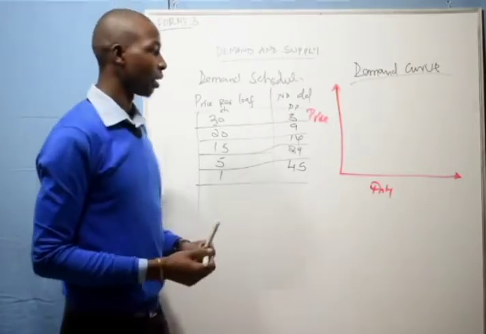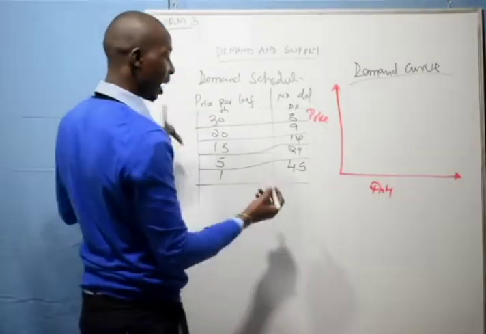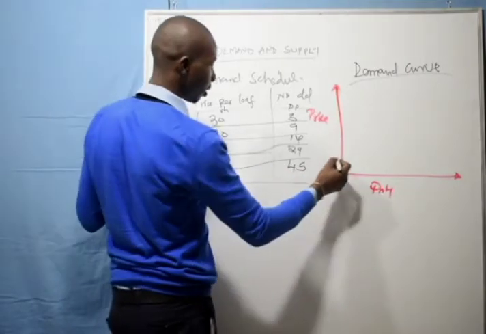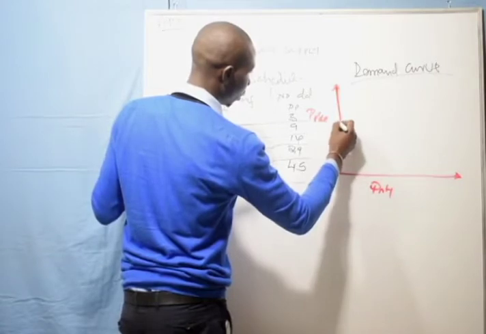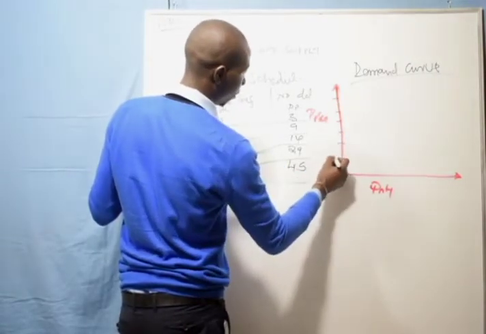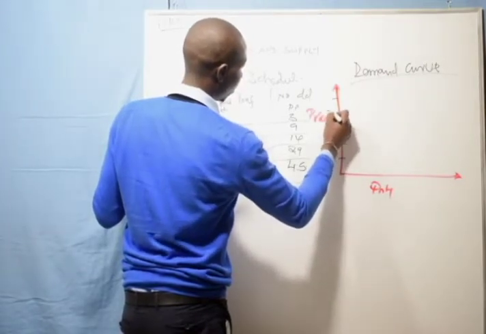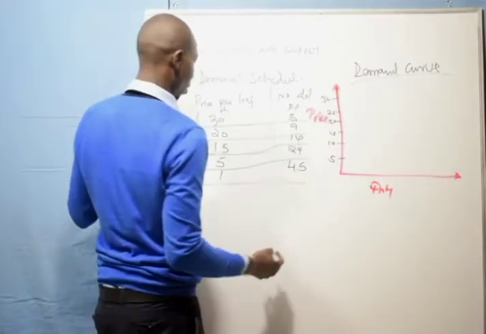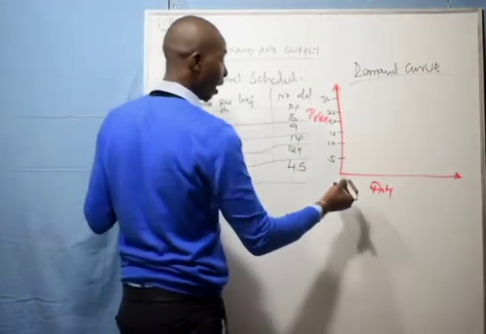Let's now plot it. We are going to use our ordinal 30. So let's have our scale for price. So let's say 5, 10, 15, 20, 25, 30. On this other side, we are going to have a scale of 1 to 45.